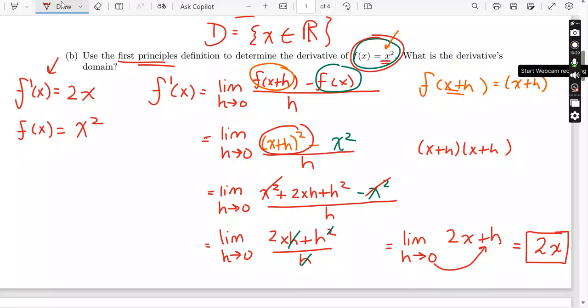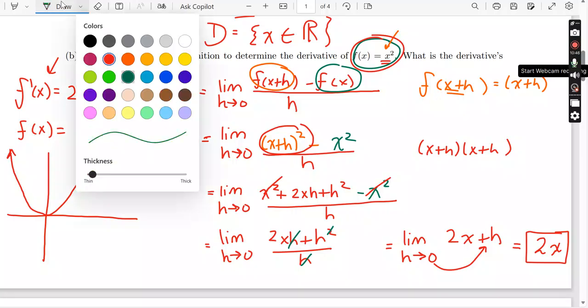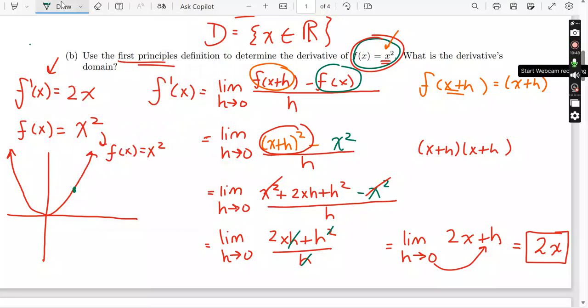So what does this even tell us? If I have a parabola, this is the original, f of x equals x squared. And let's say I wanted to find the instantaneous rate of change at 3.